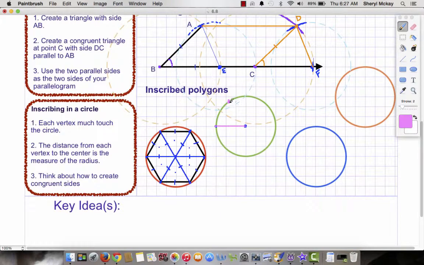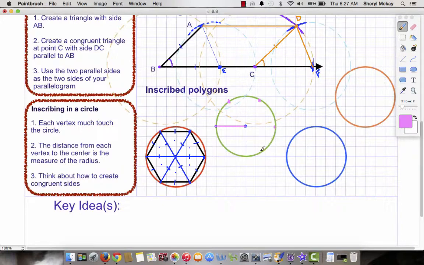And you can actually go ahead and just go around the circle. Hopefully, if you keep measuring this distance from here to here, and then measuring it across onto your circle, and then put the point of your compass here and measure down again, you should come to right about here.